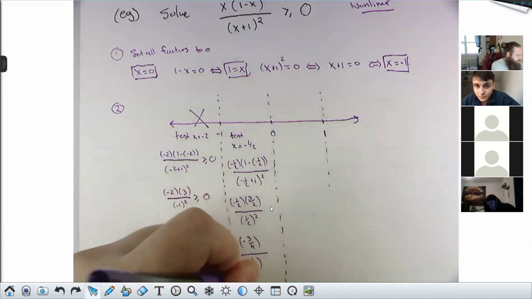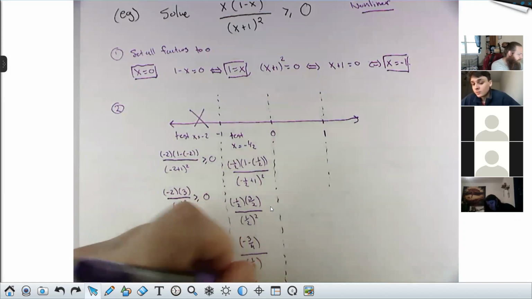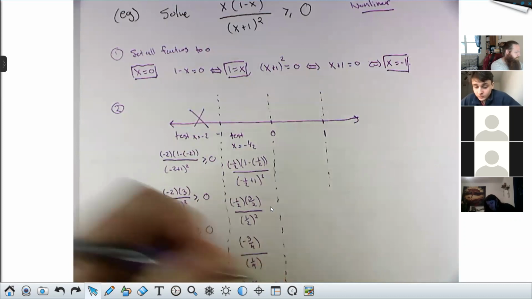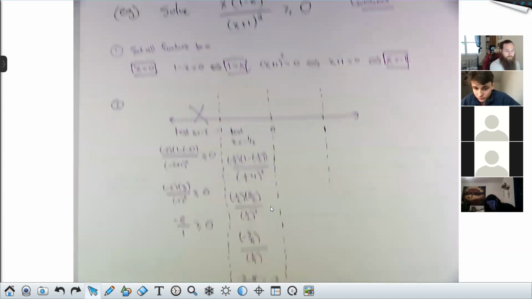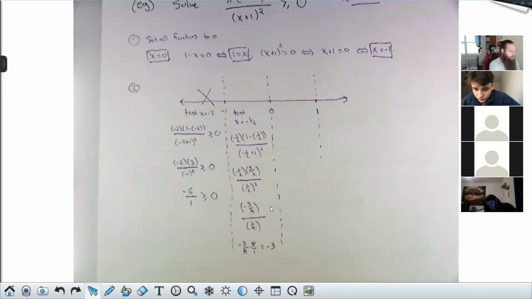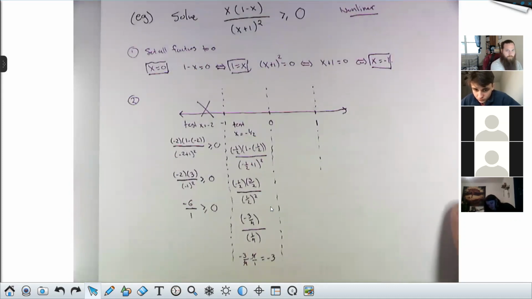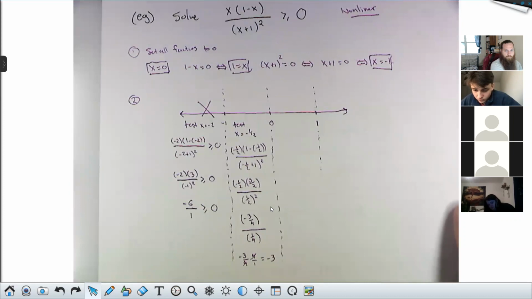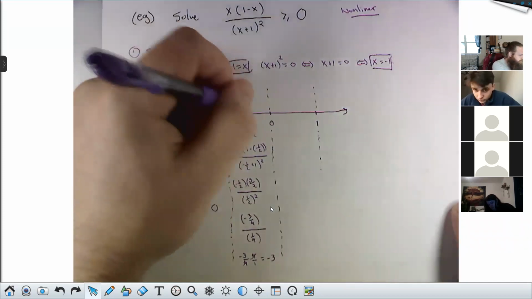So you've got negative 3/4 times positive 4 over 1. Cancel the 4s and you get negative 3. So is negative 3 greater than or equal to 0? No. Oh, definitely not, right? So this region is also out.